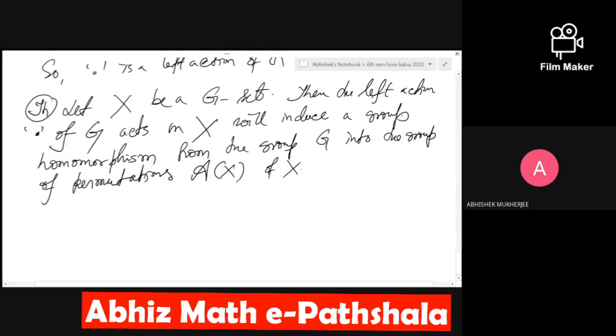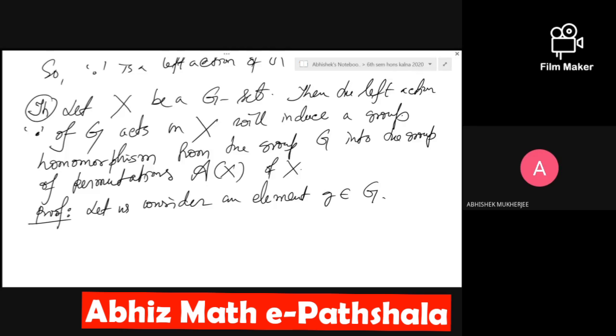That is our aim, using the left action of G that acts on X. Now first of all, let us consider an arbitrary element, small g belongs to capital G. Although we have chosen this g arbitrarily, once we choose it, it is fixed.